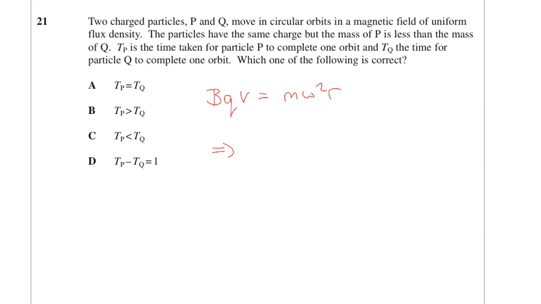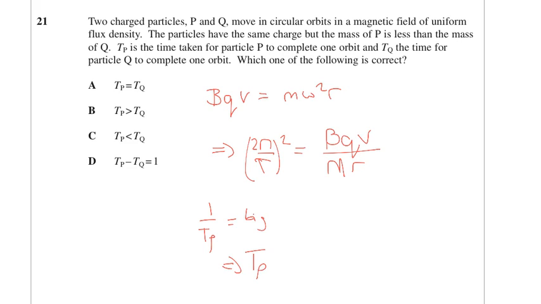So we can put 2 pi over T, which is omega, squared, is going to be BQV over mr. The mass of P is less than the mass of Q, so we're going to have a smaller number on the bottom, so 1 over T is going to be bigger.